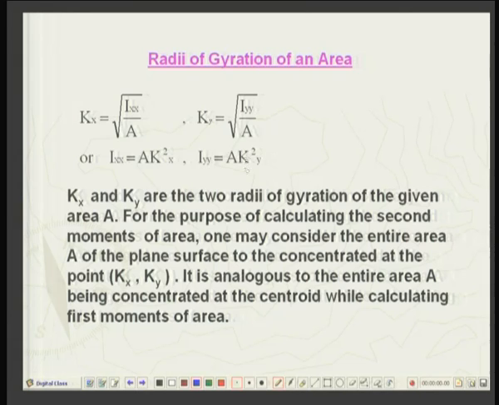That area times the radius of gyration about the y axis, ky square, will give me Iyy. Just like the centroid plays the role that the whole area can be concentrated at the location of the centroid for the purpose of calculating the first moment, the role of kx and ky is a counterpart for the second moment.